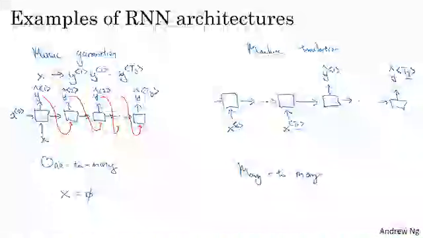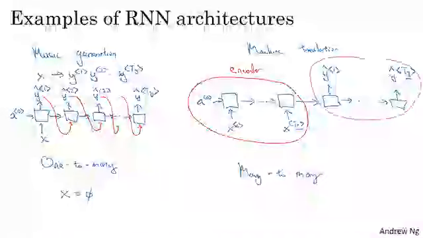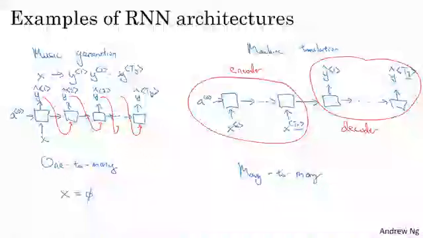And again, you could draw in the a0 there if you want or not. And so this neural network architecture has two distinct parts. There's the encoder, which takes as input, say, a French sentence, and then there's a decoder, which, having read in a sentence, outputs the translation into a different language. So this would be an example of a many-to-many architecture.